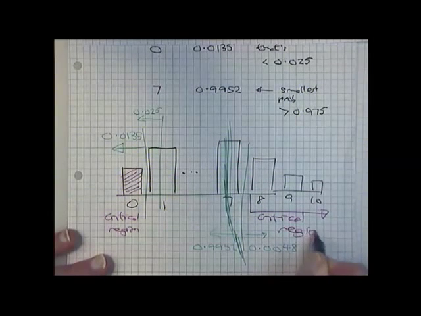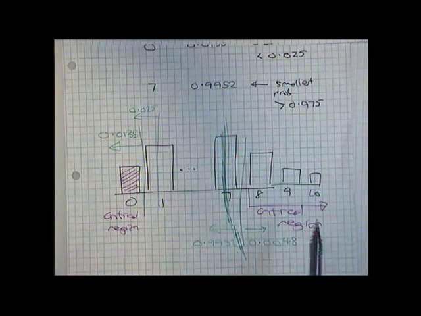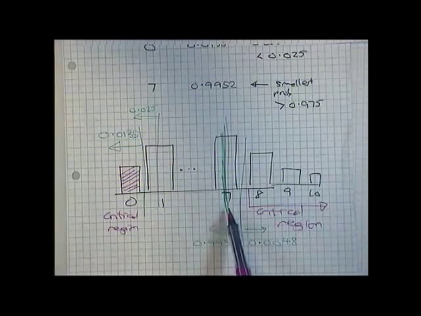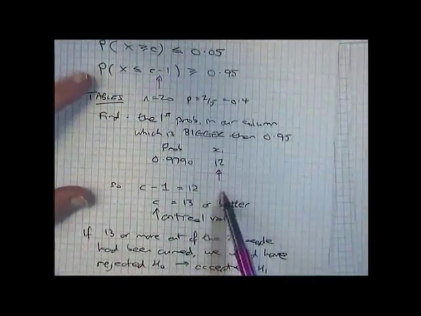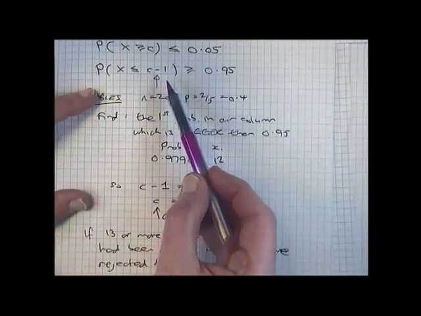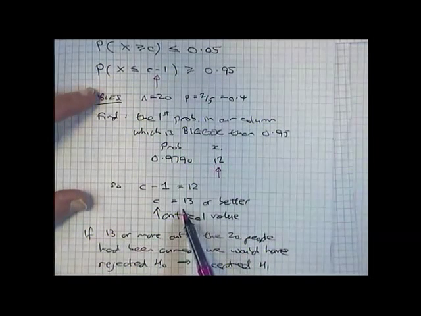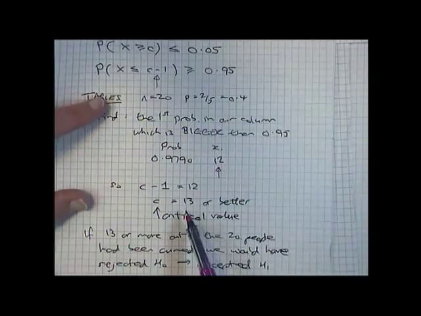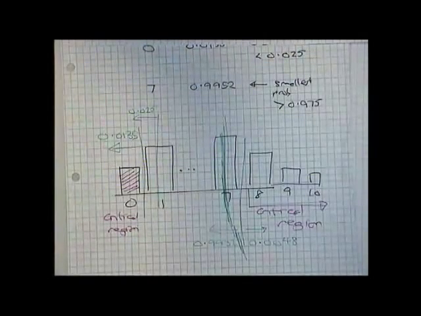It's like coming back to the last example, particularly the upper end, that 7 is like your C minus 1. At the big end, where the numbers are big, that is like your C minus 1, and here we had to add 1 on to get where our critical region started.